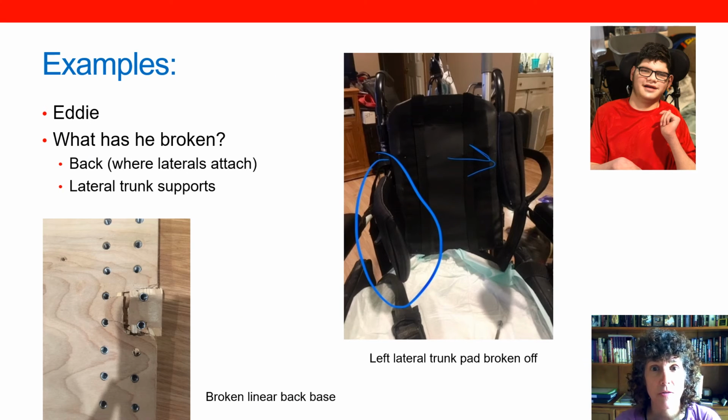So let's look at a few examples. We already saw on the left here this picture of a broken back, and this was Eddie's back, who's pictured here to the right.